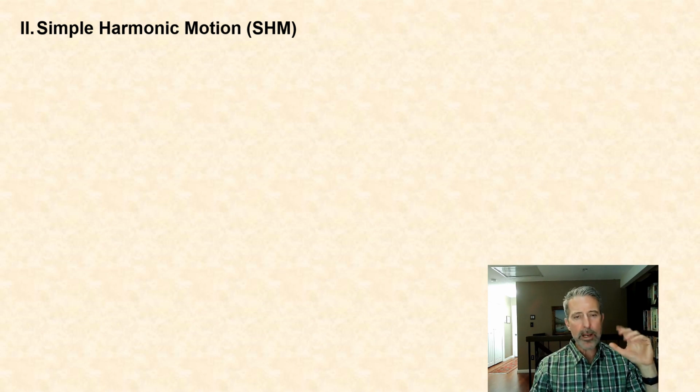Now that we have an equation of motion for a simple harmonic oscillator, that is a function describing the position of the oscillator at any given time, we now want to turn our attention to getting an equation describing the velocity of our simple harmonic oscillator at any time, as well as the acceleration of our simple harmonic oscillator at any time.